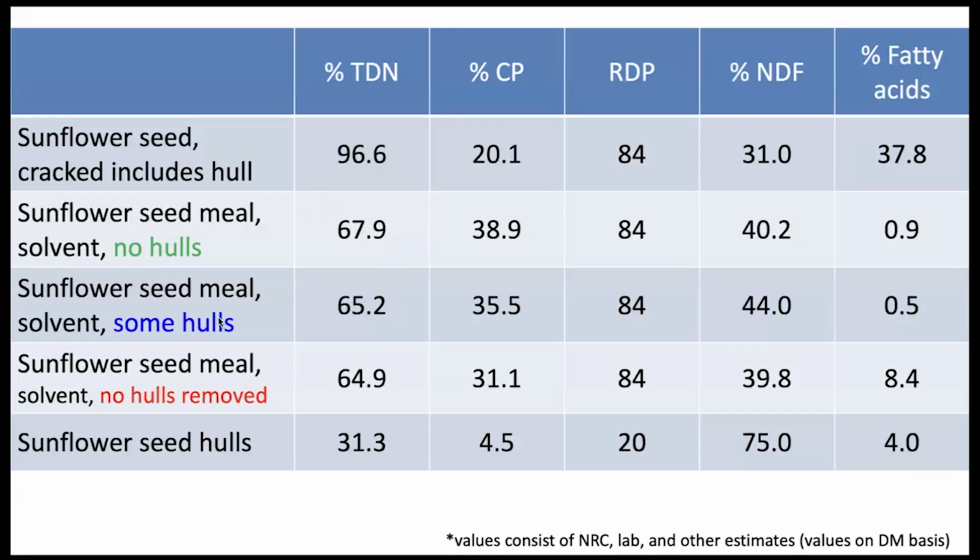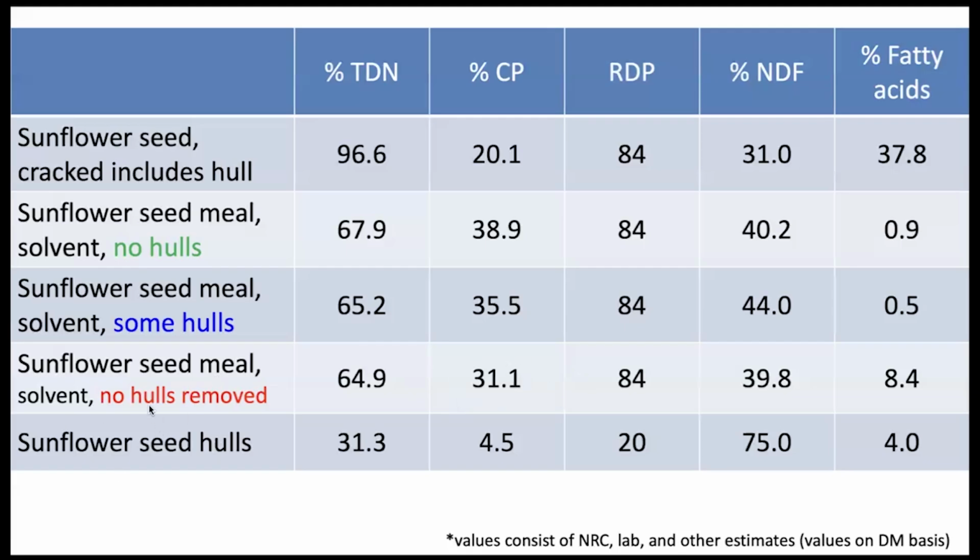If we look at one of the other processes where we do have some hulls left in the sunflower seed meal, it's going to drop the TDN to about 65, protein about 35 and a half. When we look at sunflower seed meal that still has all the hulls in there, 65% TDN, about 31% protein.